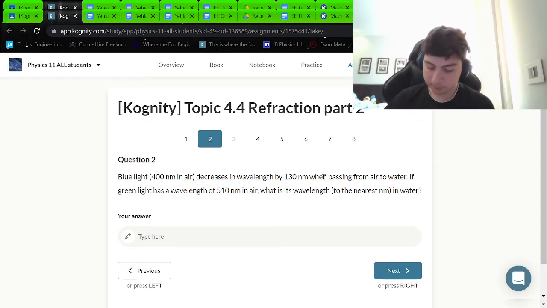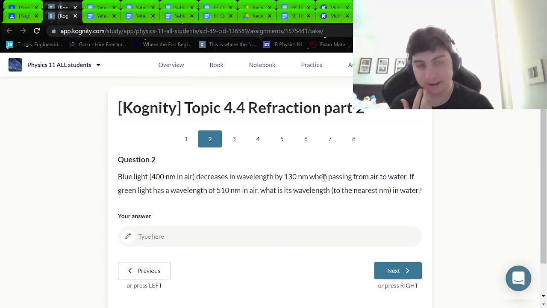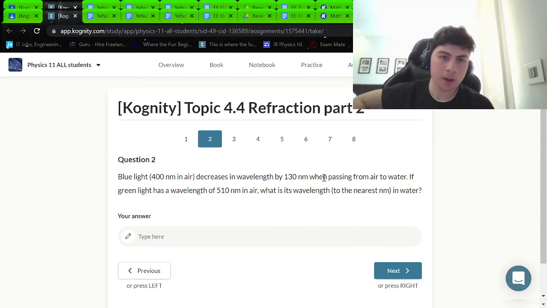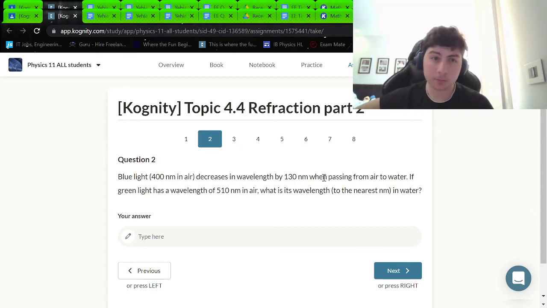So lambda is speed divided by frequency. So if lambda is 400 nanometers here, then C has gotta be, what is, speed of blue light in air.